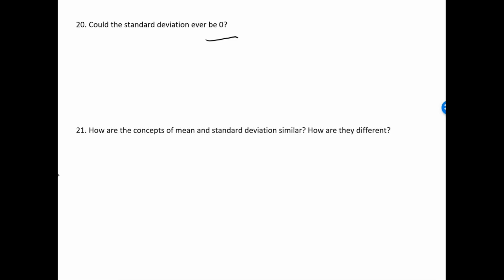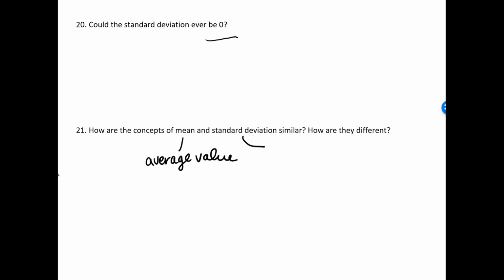And then lastly, I want you to really think about how the concepts of mean and standard deviation are similar to each other. I'll give you a little bit of help here. When we're talking about the mean, we're talking about the average value.